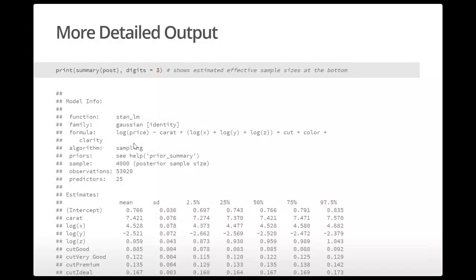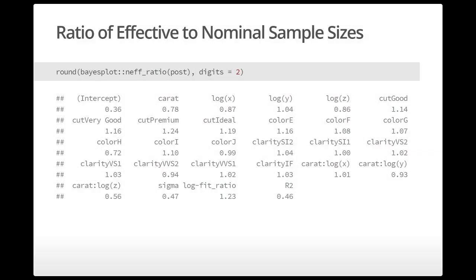So moving along, if we do summary, it'll calculate posterior mean, standard deviations, and some quantiles. Also at the bottom, it got chopped off here, but there would be effective sample size estimates. We want to make sure those are pretty good, although there's a special function to pull those out in relation to the nominal sample size.